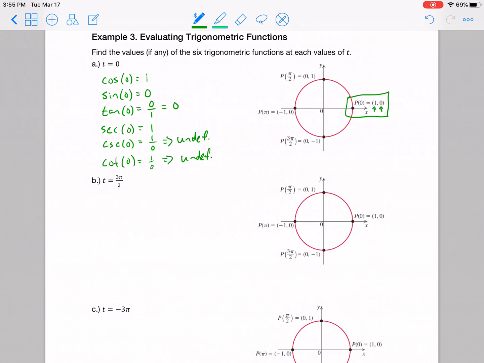So let me do one more, and then I'll probably leave the last one for you to try before I put the answers in the notes. So this one is t equals 3 pi over 2. Okay, so if we look down here, 3 pi over 2 is over here. And notice our points are 0, negative 1. So cosine of 3 pi over 2, that's going to be just the x value, so that's that 0.